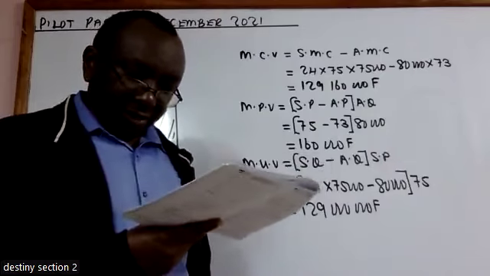So if that is the value, I told you the formula for B. You now come and write the formula for B. B is given as n sum of xy minus sum of x sum of y, you divide by n sum of x squared minus sum of x, you square this. So here, n, they are 8 values.